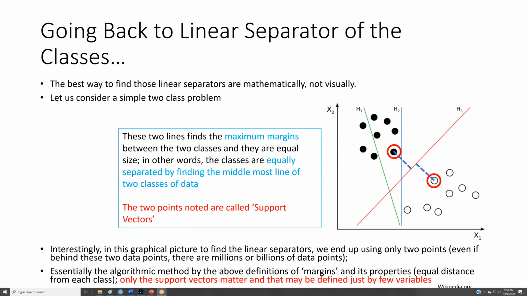This is the method, the engine that cranks out this maximum margin equidistant line. Please write it down: maximum margin equidistant separator. That is what a support vector machine is.